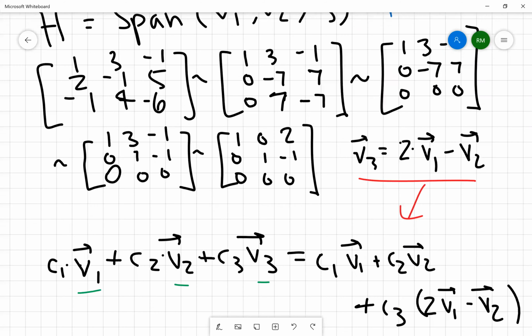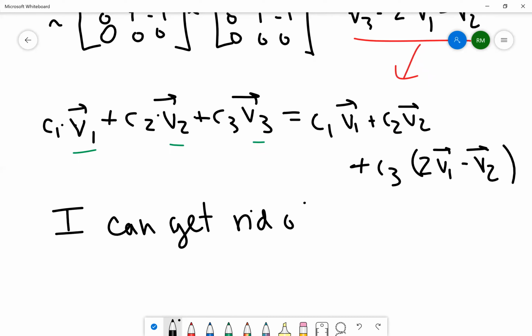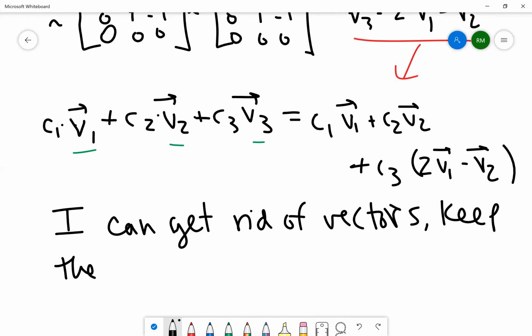So what is this telling us? It's telling us that I can get rid of vectors, keep the same span, and then get a basis.